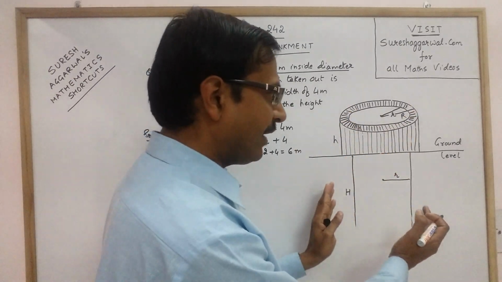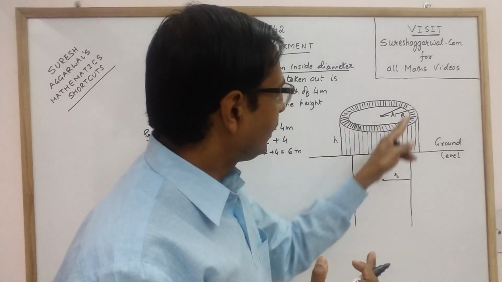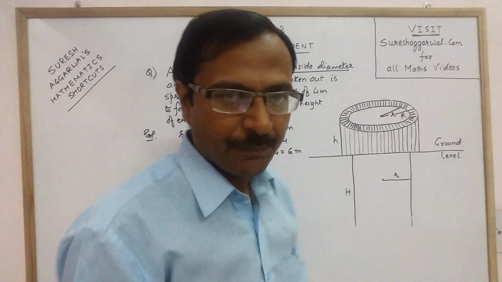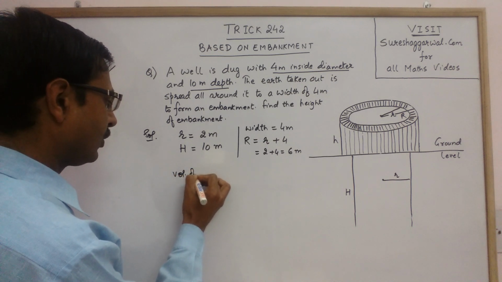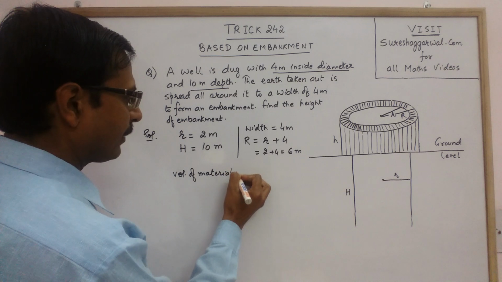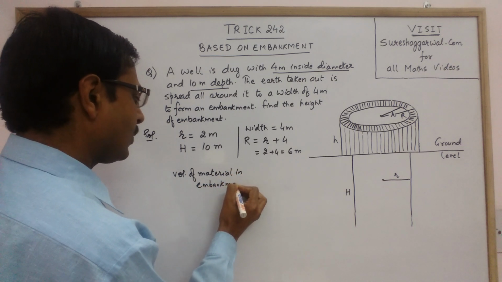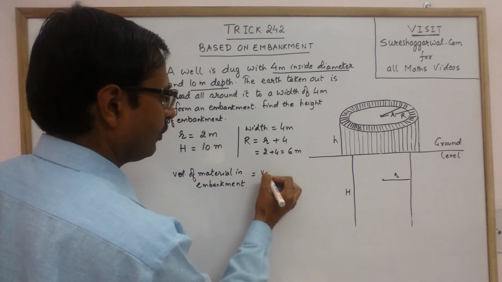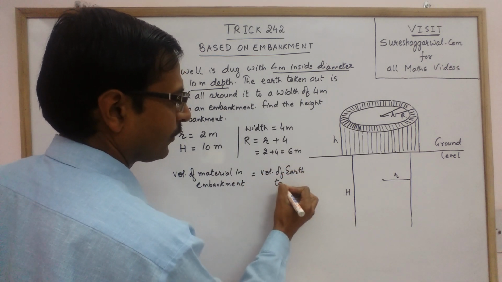So the volume of the well and the volume of the mud contained in the embankment will be same. So we write volume of material in the embankment is equal to volume of earth taken out.